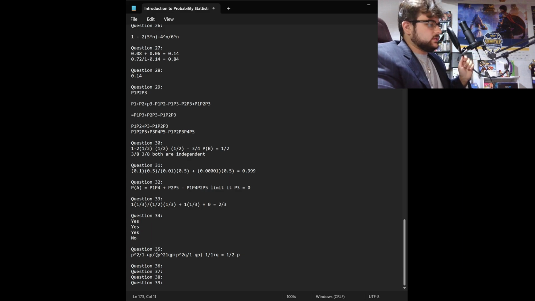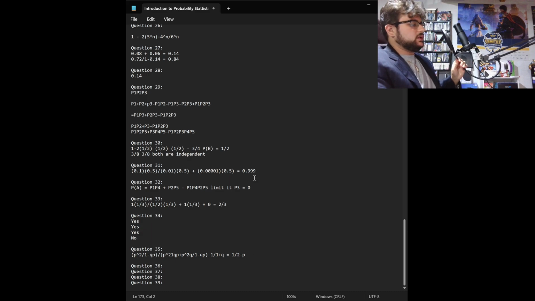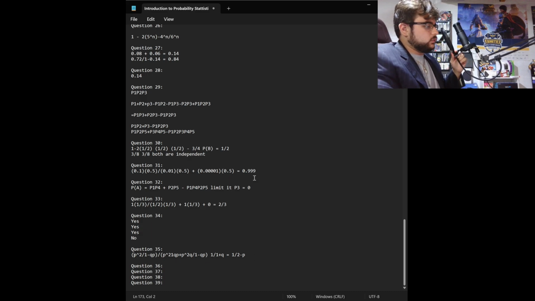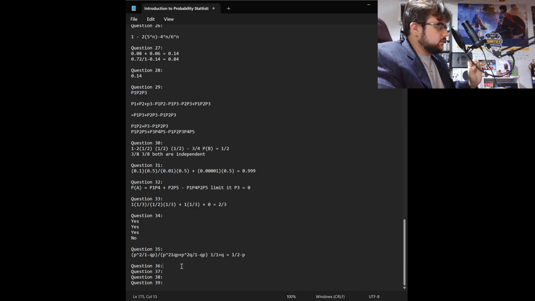So there it is right there. There's your top and your bottom, which gives you 1 over 1 plus Q. So, not that hard.